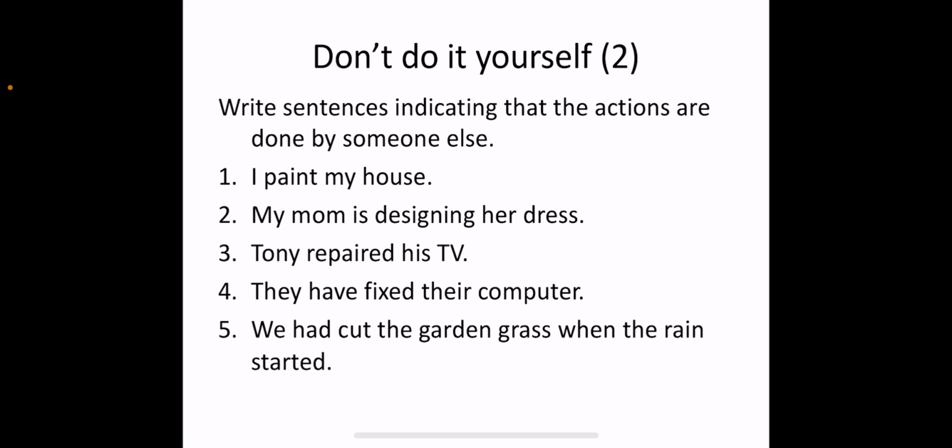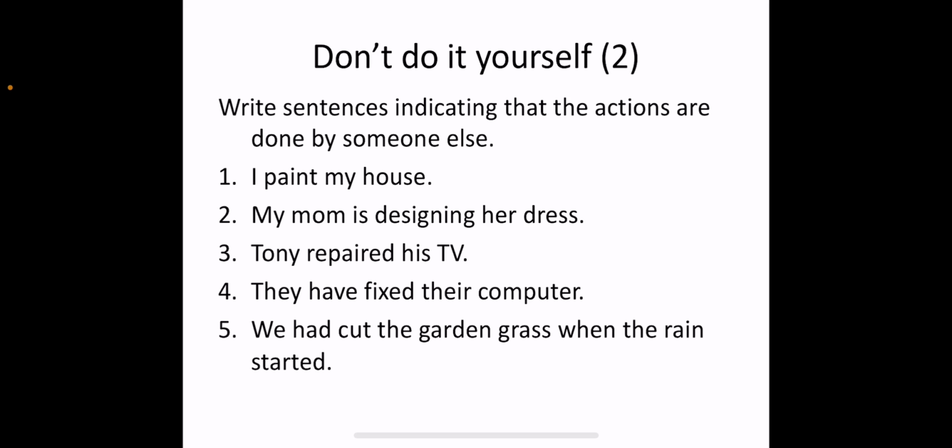Now, how are we going to transform these sentences indicating that the actions are done by someone else? Remember the structure. We need to talk about the person, so I, right? And then we need to use the verb have or get. Those two verbs are going to help us create this structure, because the structure is have something done or get something done.